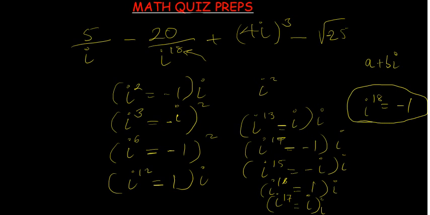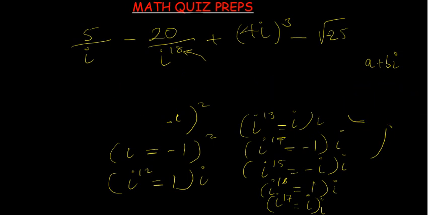This procedure is not necessary, but what you want to know is that i to the power 18 is equal to negative 1. Is it fine there? Yes. Okay. So we know that i to the power 18 is negative 1.